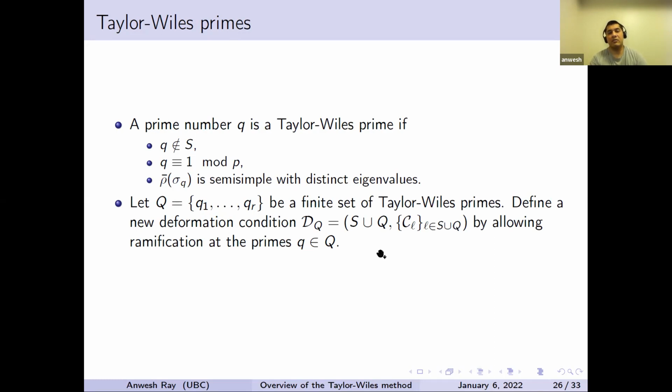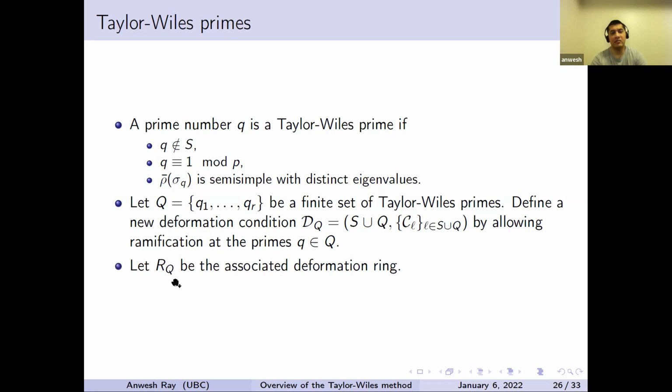Remember that the initial minimal deformation condition involved local conditions at the set of primes S, which were the set of primes dividing the Artin conductor. Now we add more deformation conditions at Q, which means we allow for more ramification at Q. Initially, at the minimal deformation condition, there was no ramification at the primes in Q. Now we're actually allowing any type of ramification at Q. So by allowing more ramification at Q, we get a larger deformation ring.